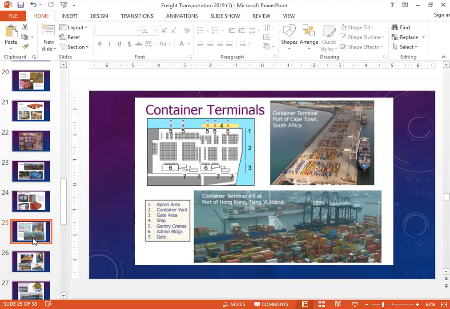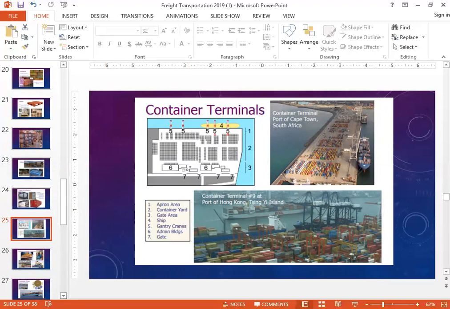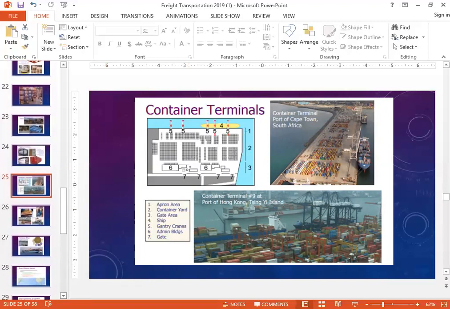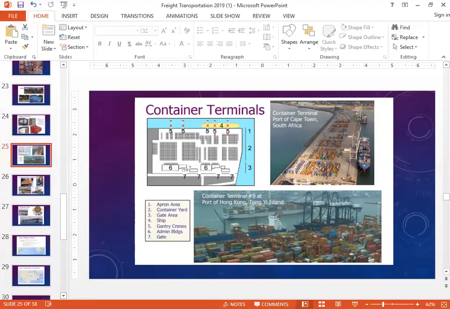Okay, so moving forward on this slide, you can actually see what a terminal generally looks like. This is a map of a terminal, and at number 4 you see a ship that's just docked at a terminal. The way things are taken on and off the ship is by gantry cranes. In this bottom right photograph, you can actually see the cranes standing, taking things on and off a ship.